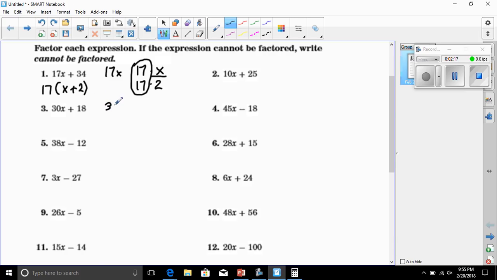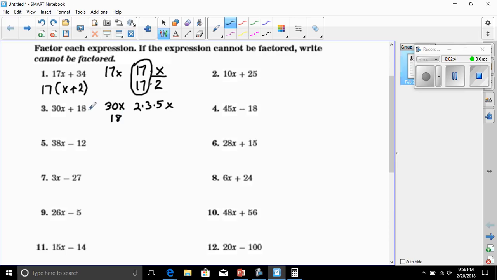If we have 30x, we know that can be, let's say, 2 times 15. And if we have 2 times 15, we know that 15 can be divided by doing 3 times 5. And we have the x left over, so we'll bring the x over here. Next number is 18.